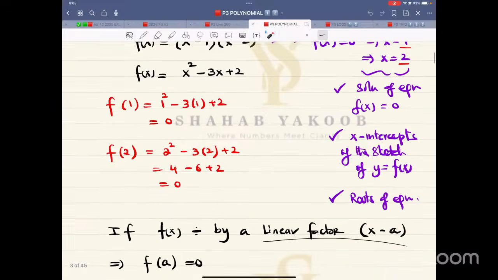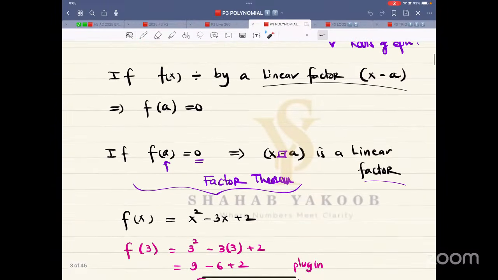So now people, let's focus on this. Now, first of all, the factor theorem, that is this basic idea. If a polynomial is divided by a linear factor, if I plug in this value in this equation, if it equals 0, that means x minus a is a linear factor. Now, this also has implications in complex numbers.